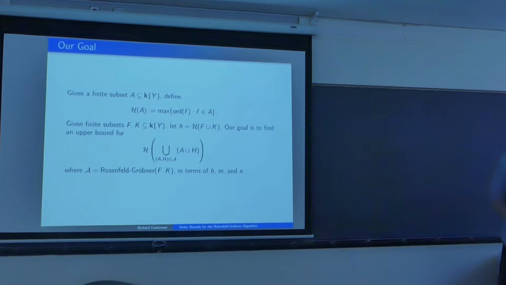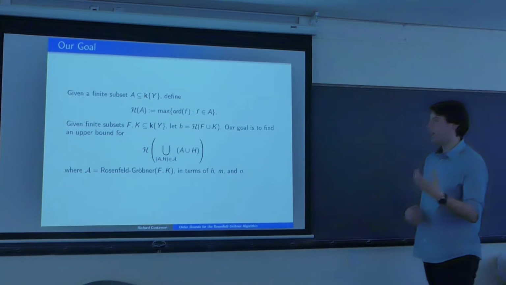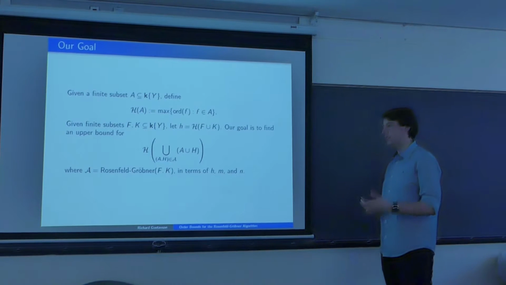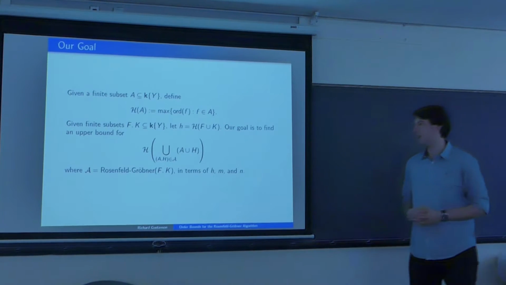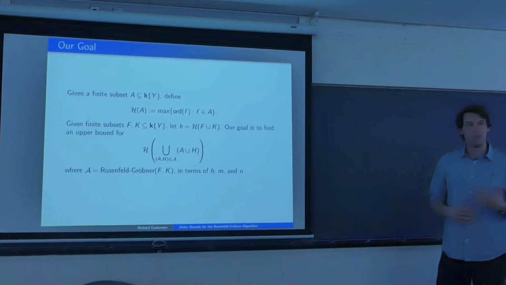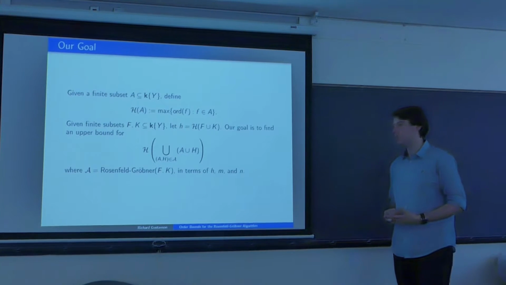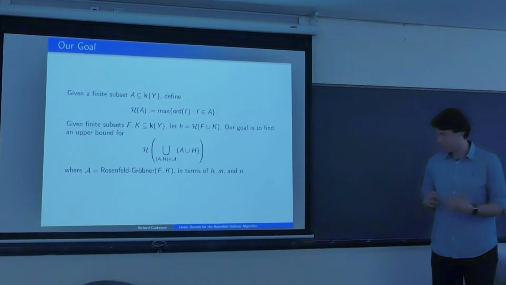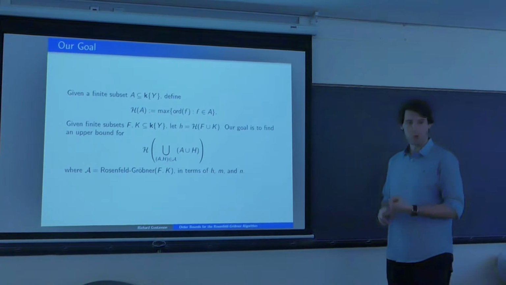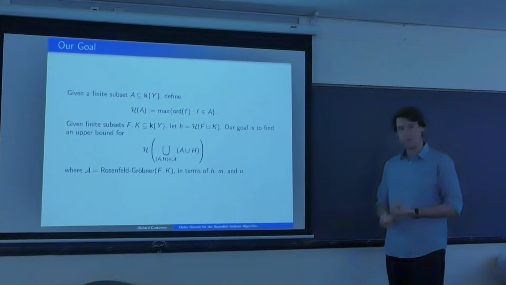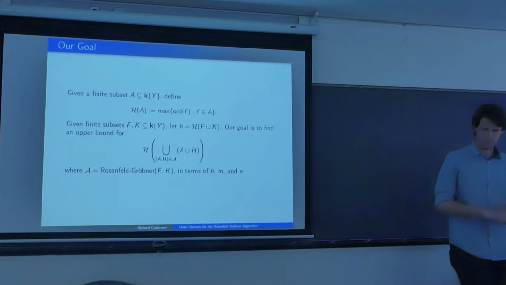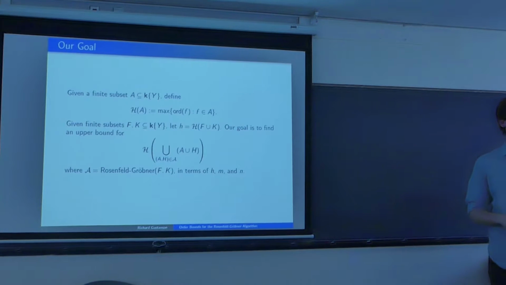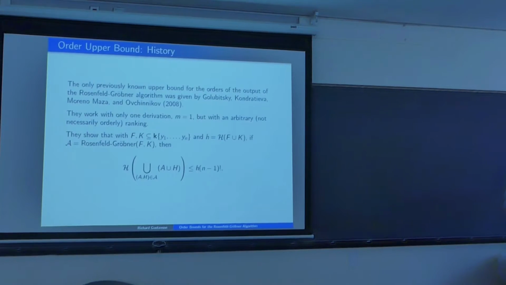If we have two finite subsets F and K, let little h be h of F union K. Our goal is to find an upper bound for the order of the output of the Rosenfeld-Gröbner algorithm based solely on little h, the order of the input, m, the number of derivations, and n, the number of differential indeterminates. That's what we're going to try to do.